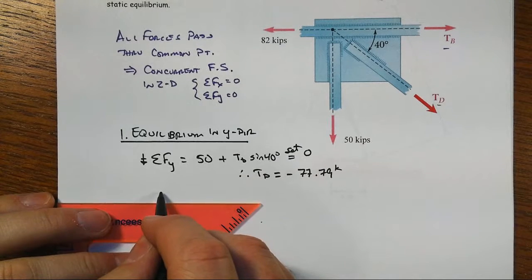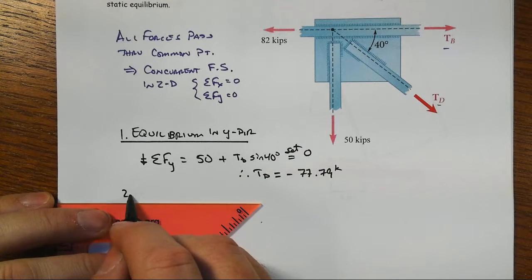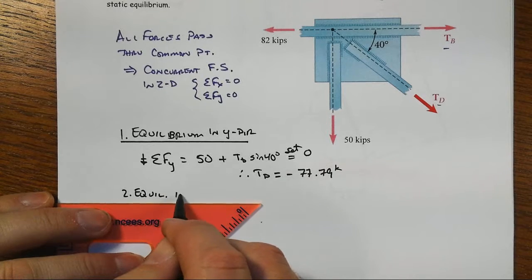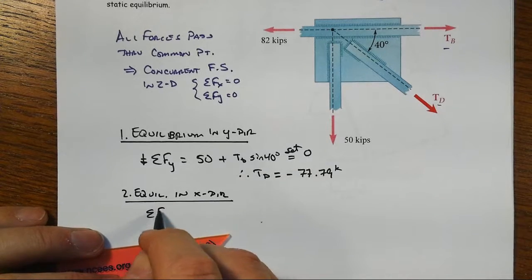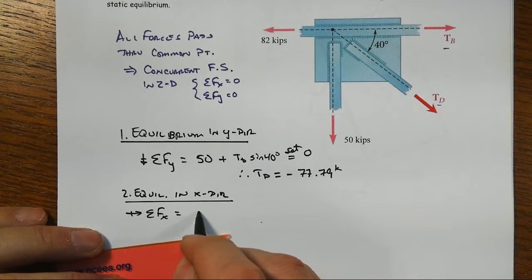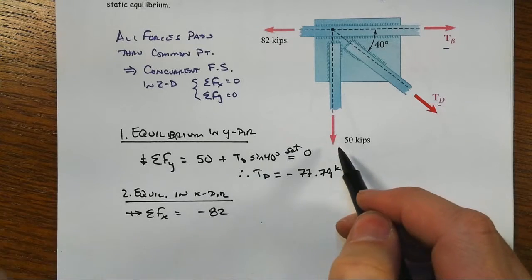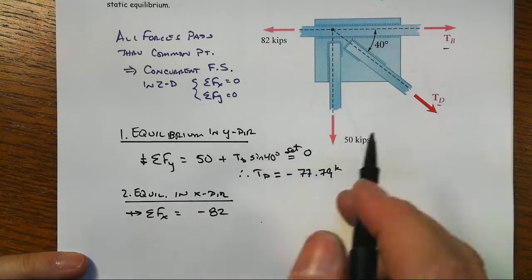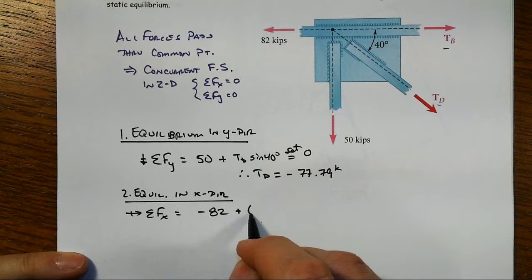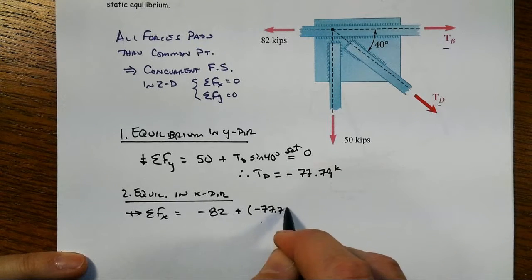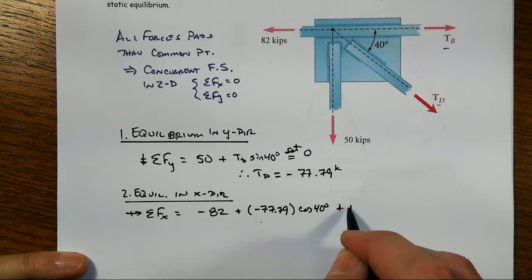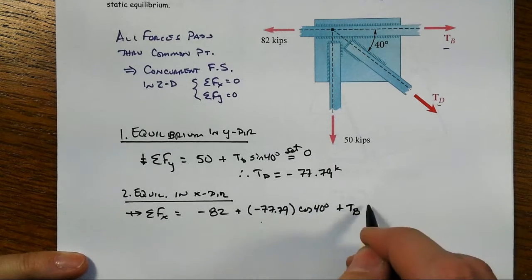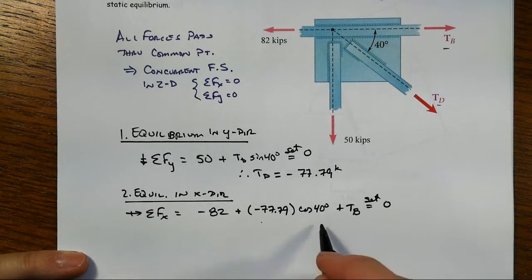We'll interpret directions later. Let's now look at equilibrium in the x direction. Let's sum forces positive going to the right, so we'll have minus 82 kips. The 50 doesn't get into it. We've got, as shown here, a negative 77.79 times cosine of 40 degrees plus T sub B. Set that equal to 0, and so we've got two negatives that go to the other side.